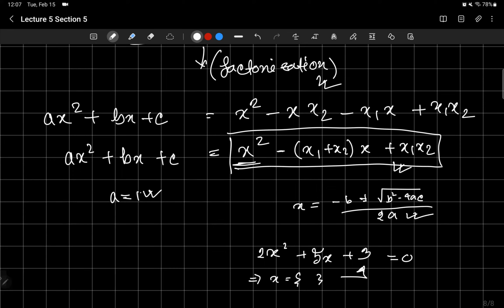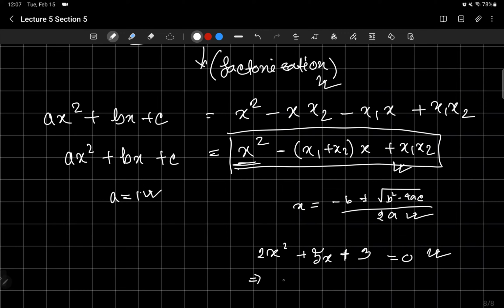Can anyone tell me the solutions of this equation that I wrote down? Actually, let's make it a bit easier. Let's take -3. Or, you can always deal with +3 as well. This is easy.